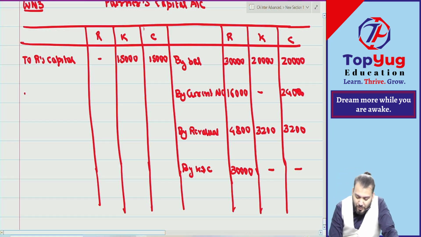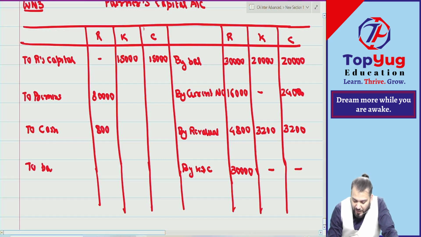But what is given to him? Premises of what value? 80,000. The balance will be paid in cash. Just find out, is there any balance to be paid? 800 will be paid in cash. Can you find out the balance carried down?